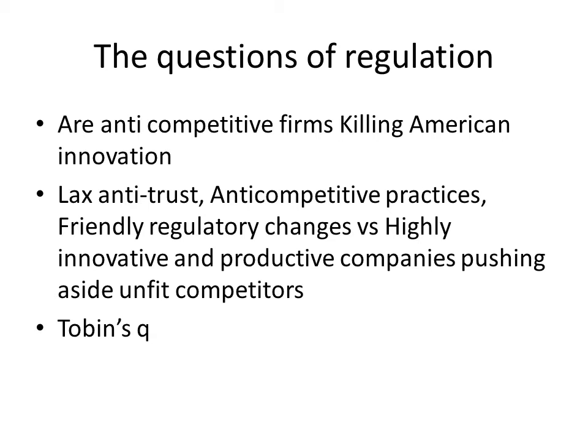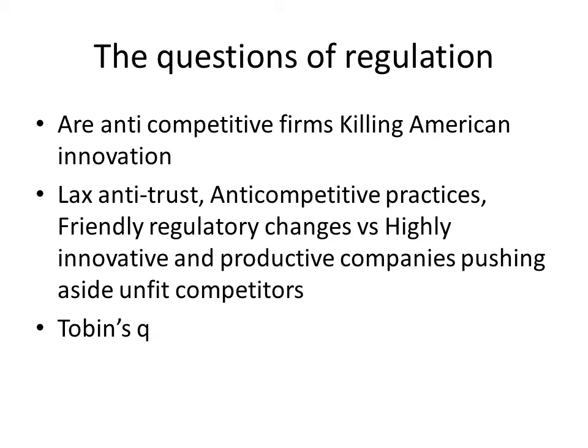The second theory is highly innovative and productive companies pushing aside unfit competitors. The first explanation makes the argument that lax antitrust enforcement, anti-competitive practices, and regulatory changes friendly to powerful firms provide the answer to what is going on with the concentration of economic power.